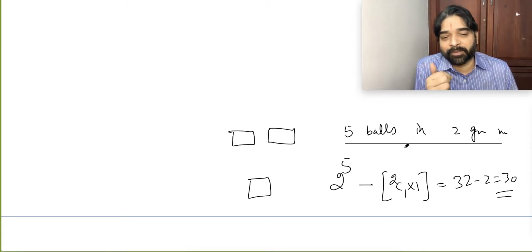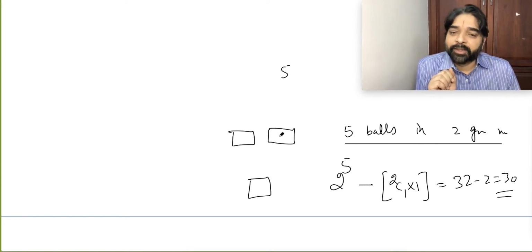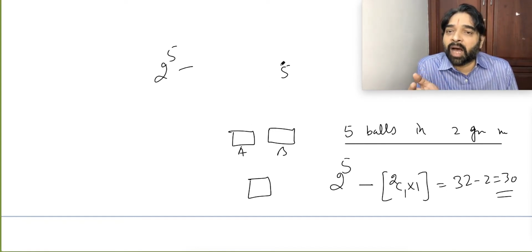Manually also you can do. No need of doing all this. 5 balls are there. 2 boxes there. Free distribution, how many? 2 power 5, minus. That case when, suppose box A, box B, when empty group is coming. Empty group can come in how many ways? Either all 5 go in the A box or all 5 balls go in the B box.